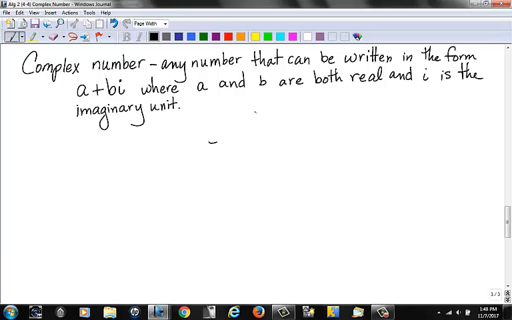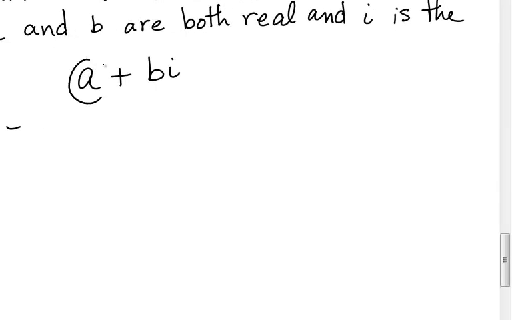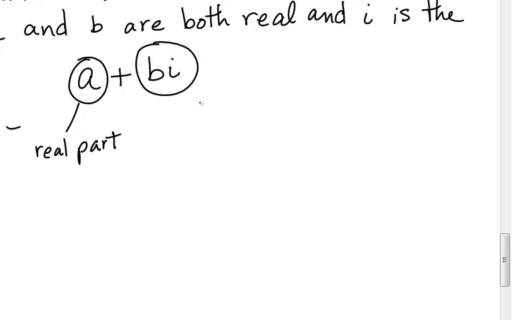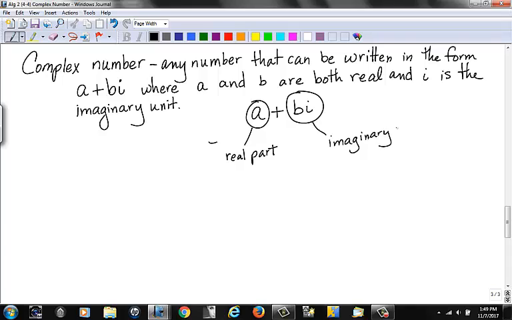Okay, and if you write it like that, a plus bi, the a by itself is the real part. The bi is the imaginary part. So if I gave you an answer like 5 plus 3i, 5 would be the real part, 3i is the imaginary part.